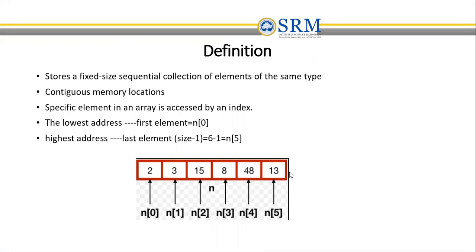The first element is 2 and the last element is 33. So n of 0 is the index which points to the first element 2. The index keeps incrementing. n of 1 is 3, n of 2 holds the element 15, n of 3 holds 8, n of 4 holds 48, and n of 5 holds 33.